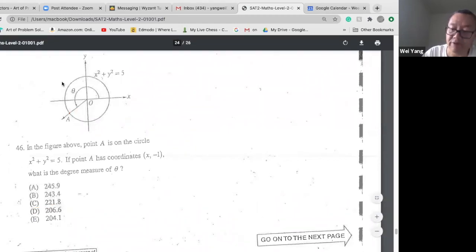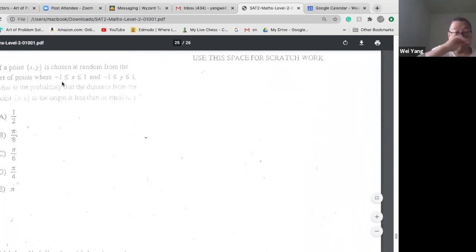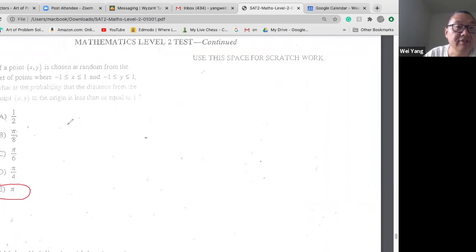Now let's see 47. What's your answer for 47? E. Now let's see. If a point x, y is chosen at random from the set of the points where x is greater than or equal to -1 and less than or equal to 1, and y is greater than or equal to -1 and less than or equal to 1, what is the probability that the distance from the point x, y to the origin is less than or equal to 1?